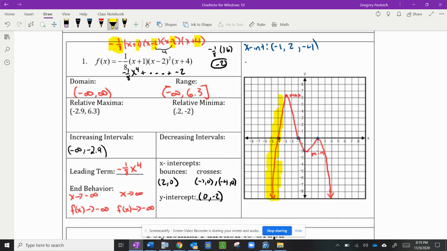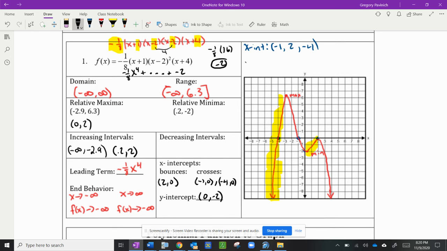And I'm also increasing right here between the x values of those two, from my minimum at 0.2 to the max at 2. I forgot to put that max on there, so that would be 0.2.